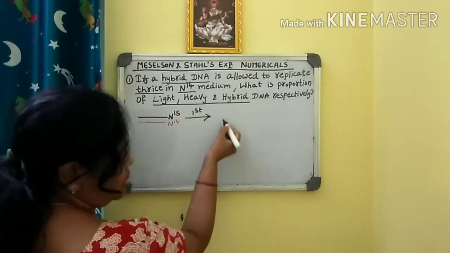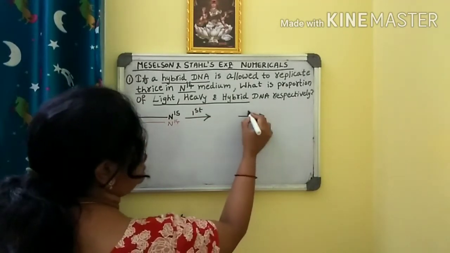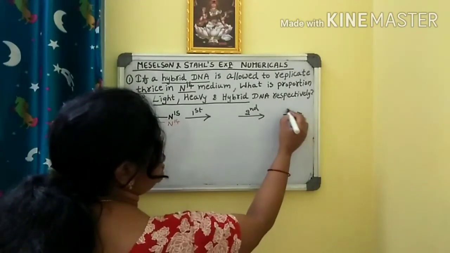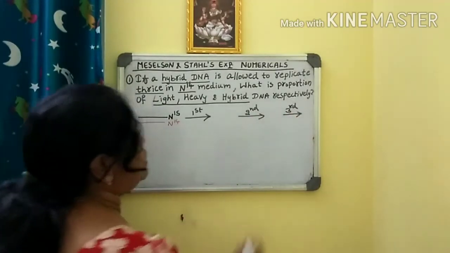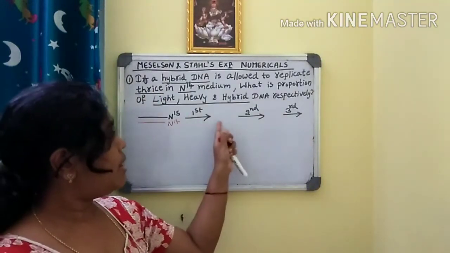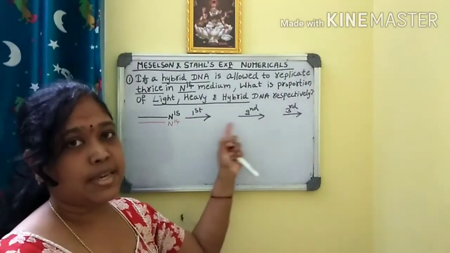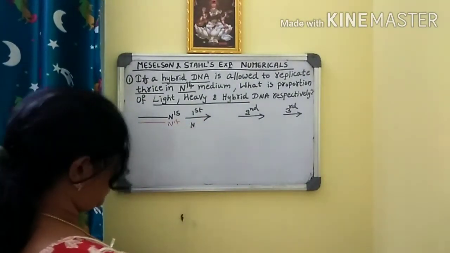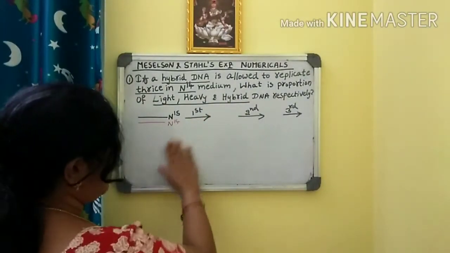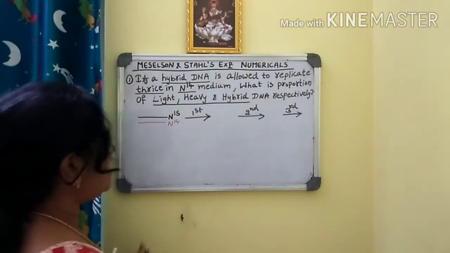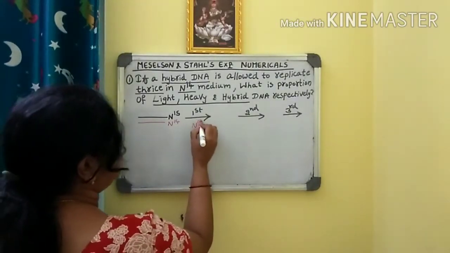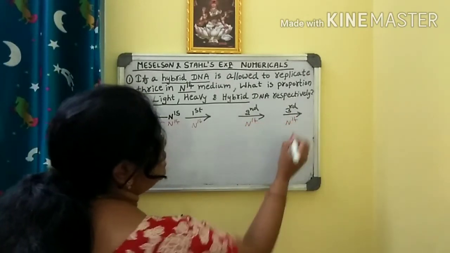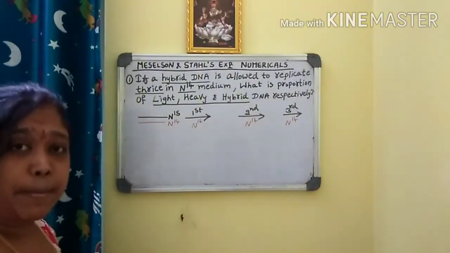It means we have to see the first generation, then the second generation, and then the third generation, as it is replicated thrice in which medium? In N14 medium only. N14 medium is the only source for the DNA to replicate.